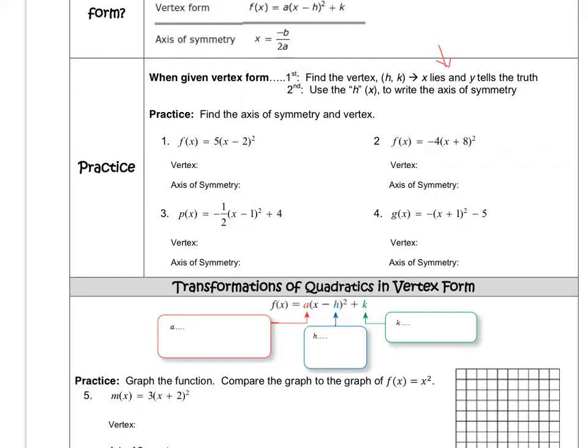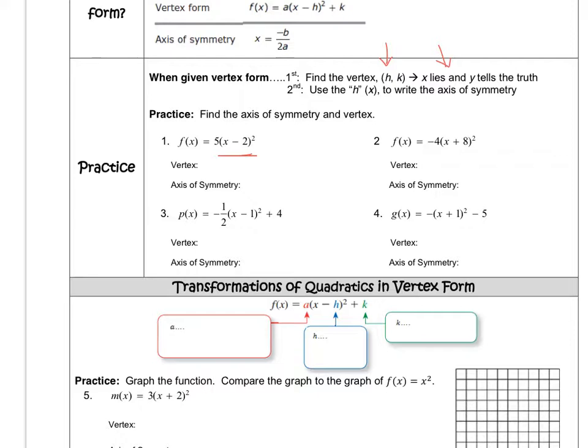If you think of X lying down, X is a horizontal line. X lies, that means we need to take the opposite of whatever h we've been given. Okay, so let's look at number 1.